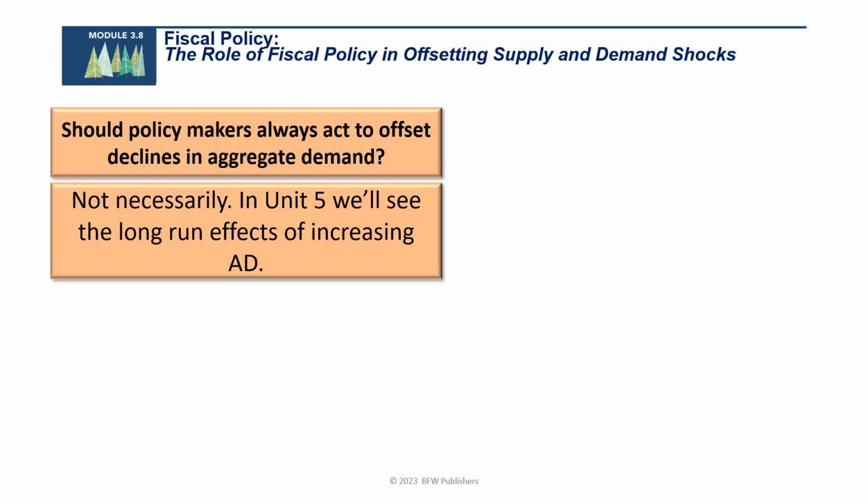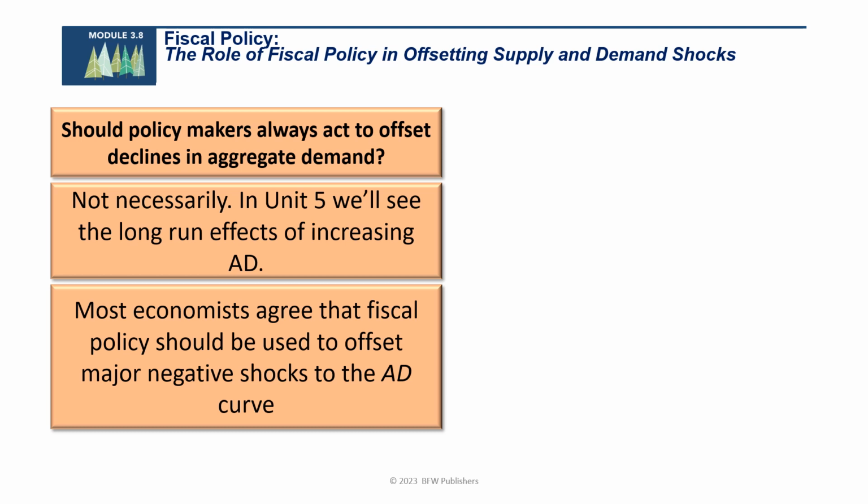So, should the government implement expansionary fiscal policy? And again, the answer is it depends on the size of the issue. When it's obvious that the economy is headed into the abyss, there are very few politicians and economists that argue that fiscal stimulus, expansionary fiscal policy, isn't in order.